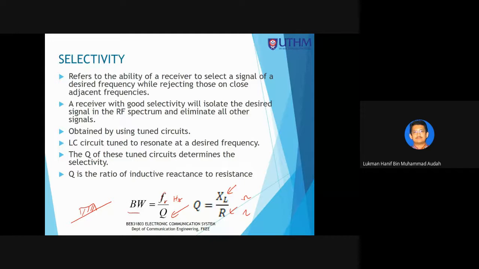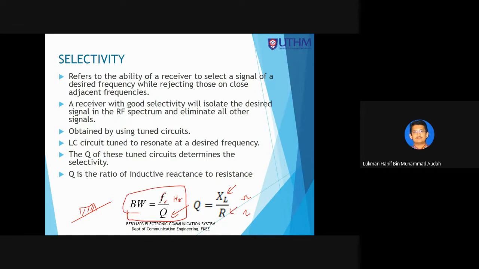Ini dia punya the real amount of the bandwidth produced by the tune circuit. Berapakah bandwidth yang dihasilkan oleh tune circuit? So berapa narrow dia punya bandwidth yang dia boleh select. Okay, so this bandwidth merujuk kepada berapa besar bandwidth yang dia boleh cerap, yang dia boleh tangkap signal itu. So is defined by this parameter.